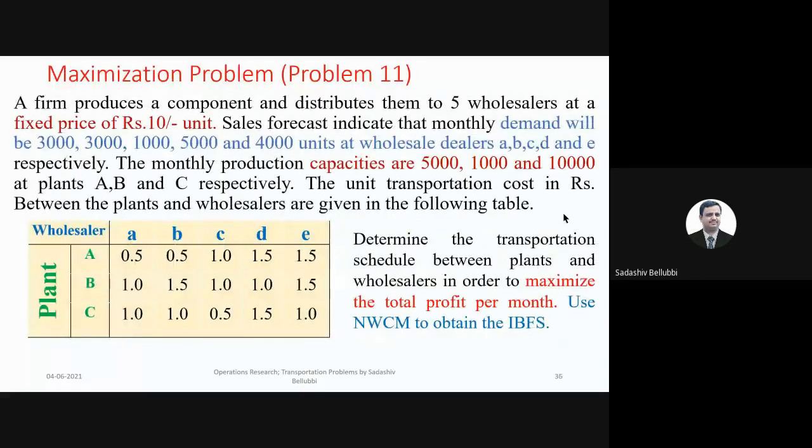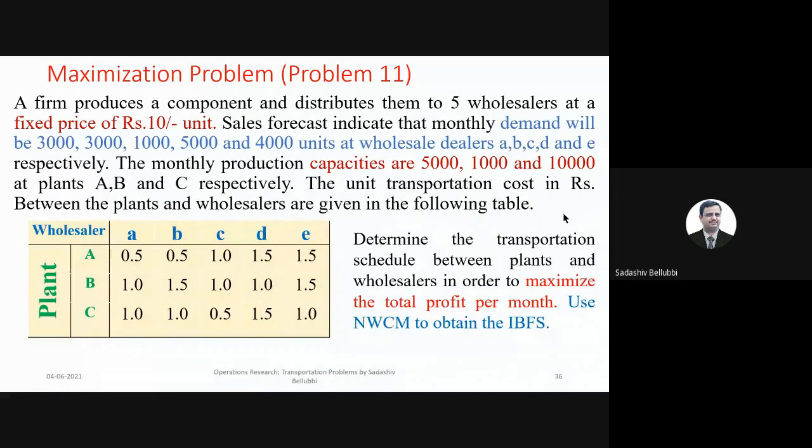Take down this problem, a maximization problem, the 11th problem. A firm produces a component and distributes them to 5 wholesalers at a fixed price of rupees 10 per unit. In this problem, they have given a fixed price of rupees 10. If they gave different prices, then we would need to consider different columns or different rows.